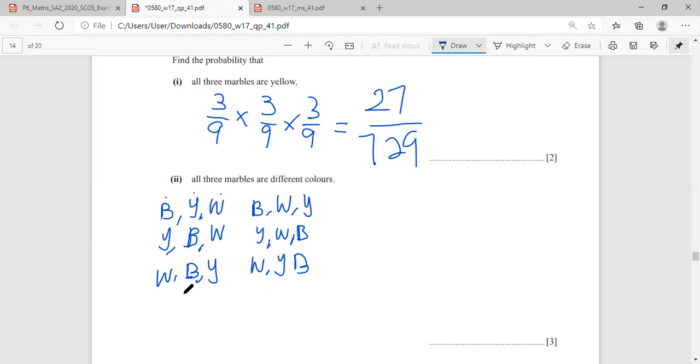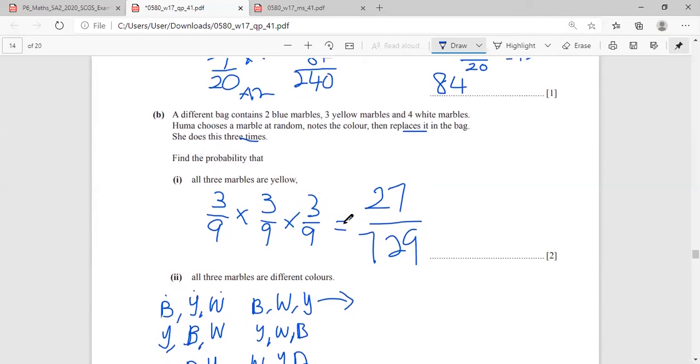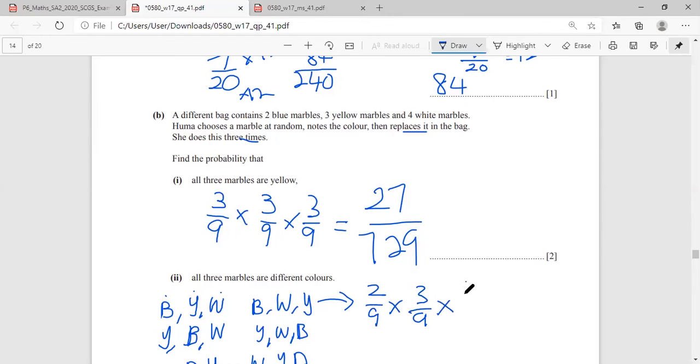We have to consider it. But each of them are the same. Each of them consists of 1 blue, 1 white, and 1 yellow. So let's say blue. The probability of blue is 2 over 9, times I get a yellow, which is 3 out of 9, and then I will get a white, 4 out of 9.